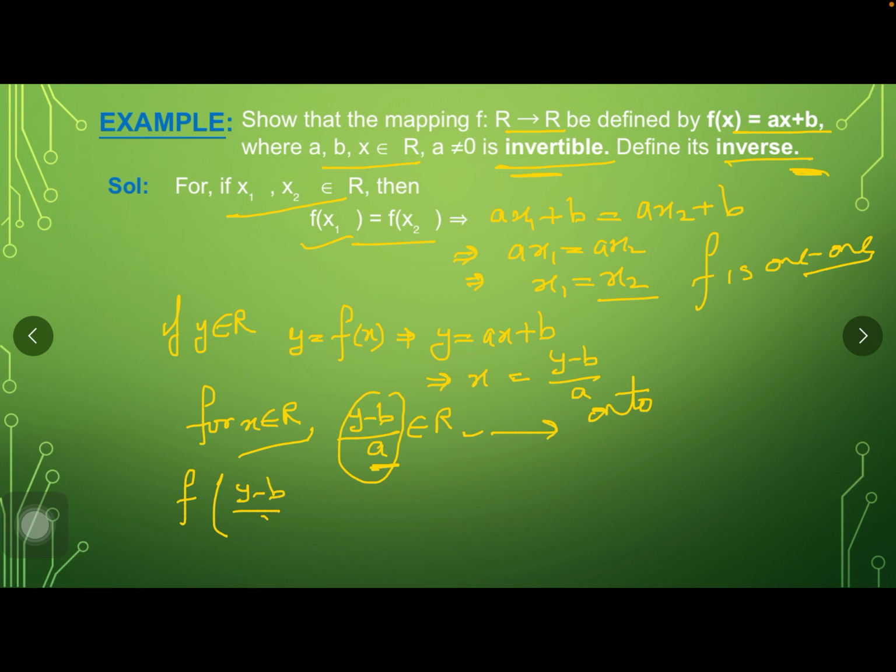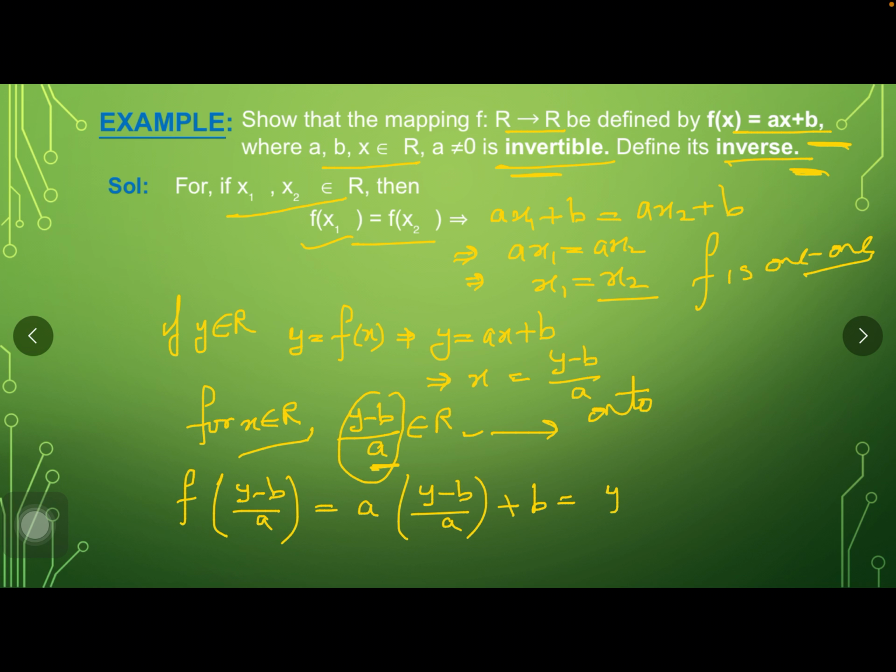So now find the inverse. First we put this (y minus b) upon a in place of x in our function f(x). What is our function? ax plus b.